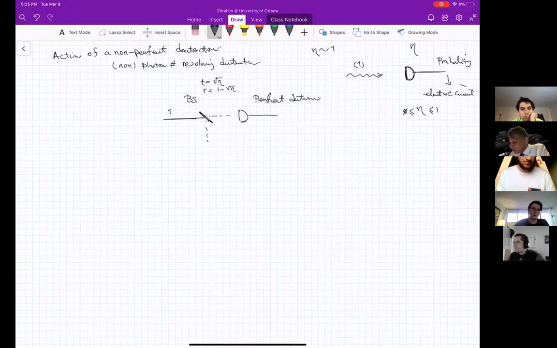Should that be the square root of 1 minus eta? Yes, you are right. Thank you. So let's be safe. R square is equal to 1 minus T square, and then it means that R is square root of 1 minus eta. Thank you very much. Good.